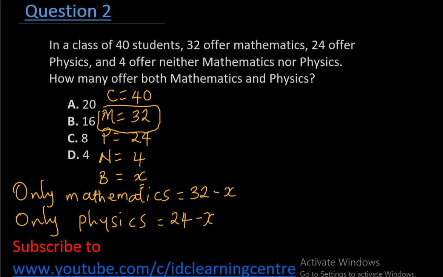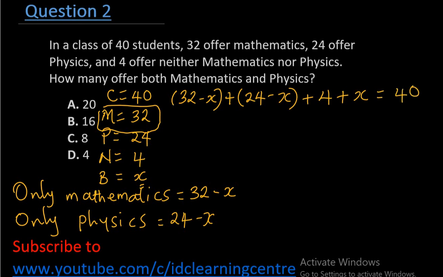From what I've done now, the number of students that offers only mathematics, which is 32 minus X, plus the number of students that offers only physics, 24 minus X, plus the number of students that offers neither, plus the number of students that offers both of them, everything will give us 40, which is the total number of students in the class.